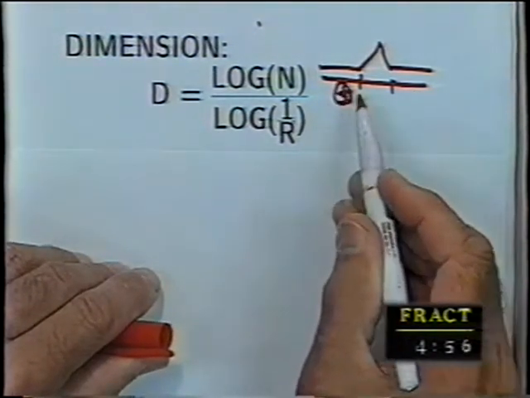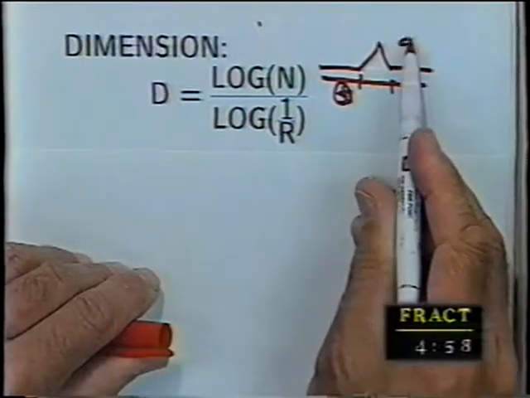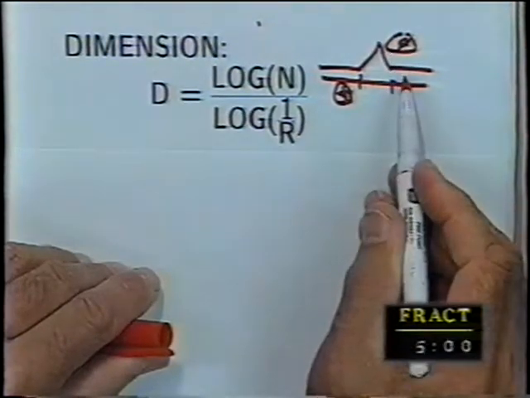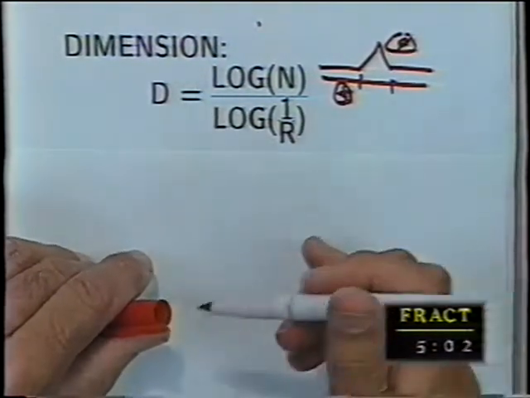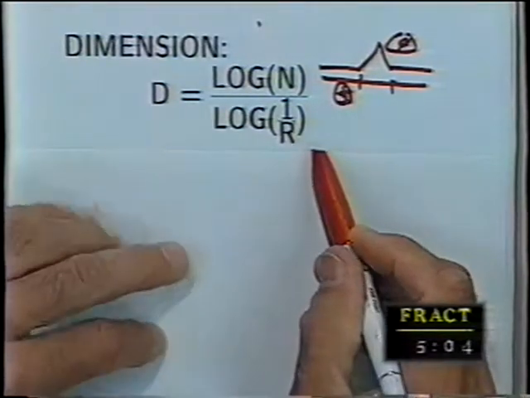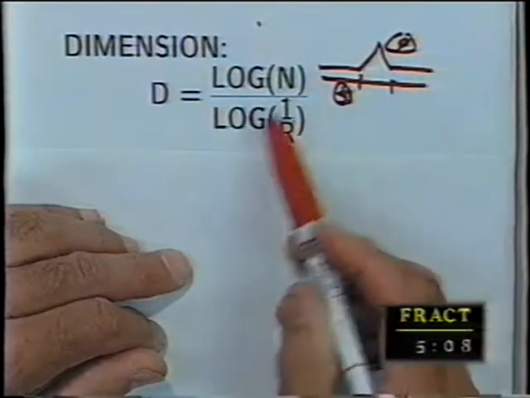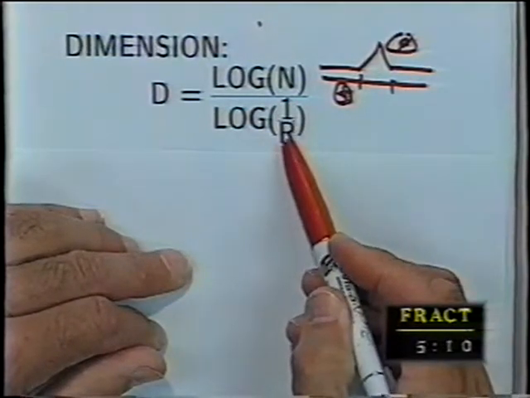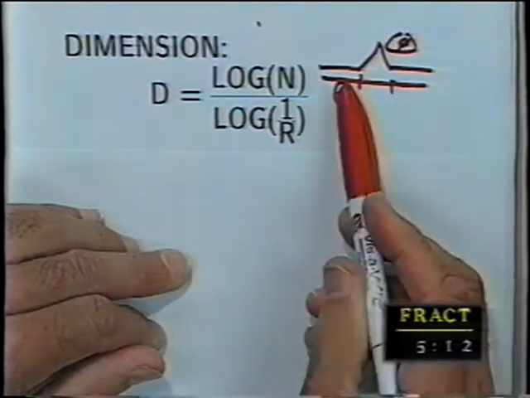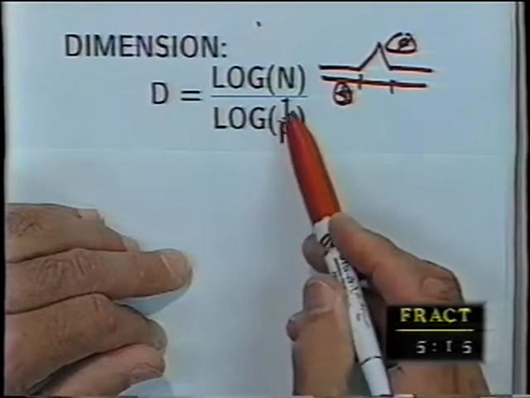And there are 4 pieces to the generator. And the dimension of a fractal can easily be obtained by taking the logarithm of the number of pieces in the generator divided by the logarithm of 1 over the length of each piece. The length of each piece is 1/3, 1 over it is 3.